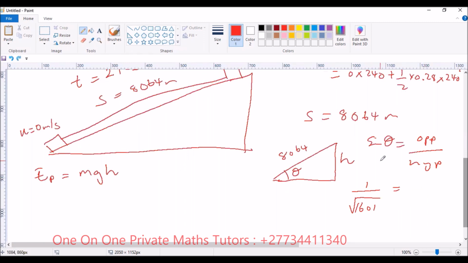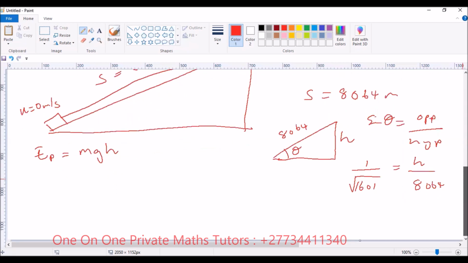1 over root 1601 is equal to the opposite, which is what we are looking for, which is the height. Let's just put h now. h over hypotenuse 8064, which is this distance. So our h, which is our height, will become 8064 over root 1601, which is what?